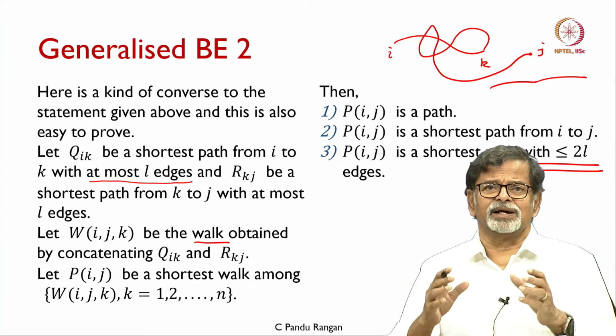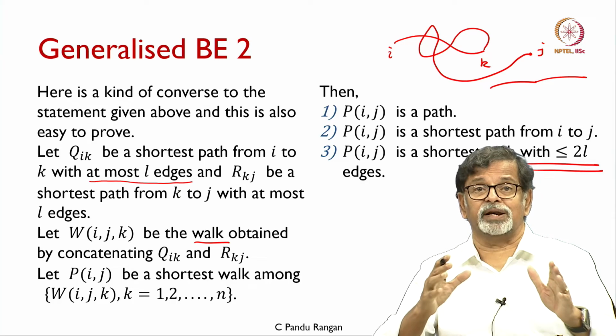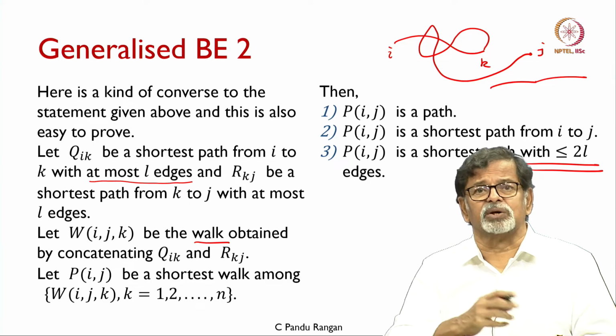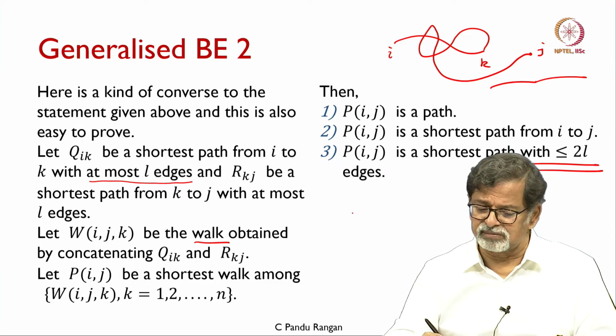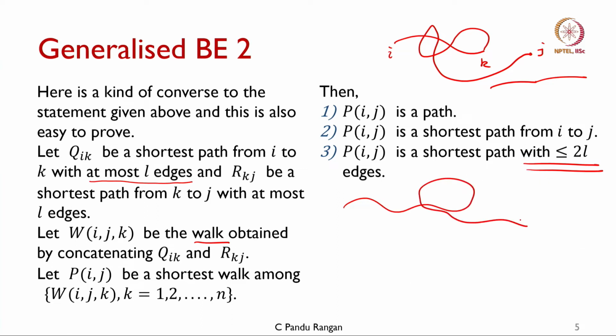Remember, G is a graph that has no negative cycle, no zero cycle. So if a walk has a cycle, this cycle can be simply knocked out and you will get a shorter one. Therefore, the shortest walk will always be a path.